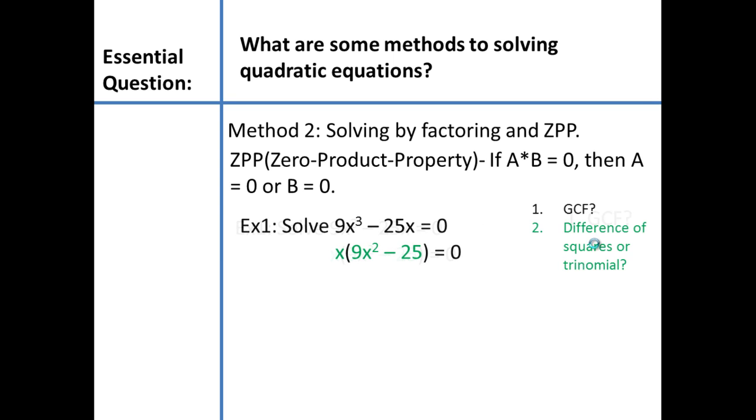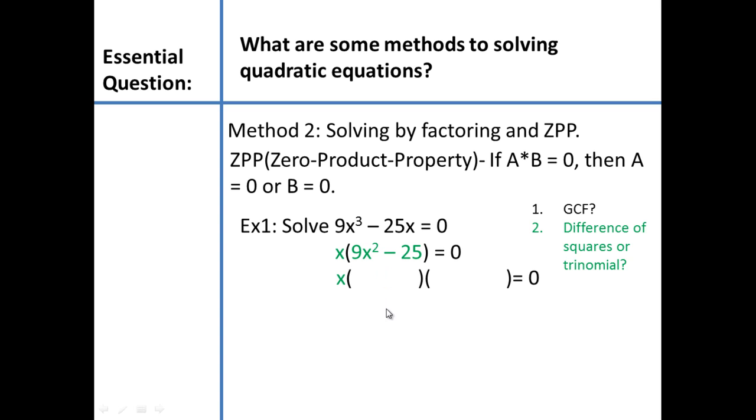Then we recognize that inside our parentheses, we have either difference of squares or trinomial. And we have the subtraction, perfect squares, and even exponent, so we have difference of squares. Remember how to factor difference of squares?